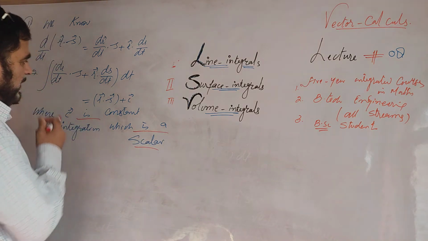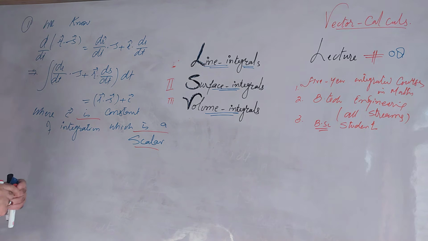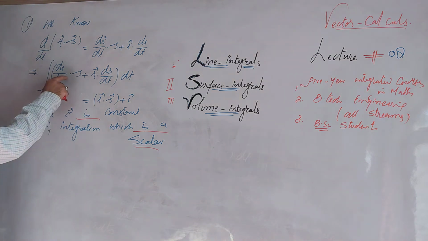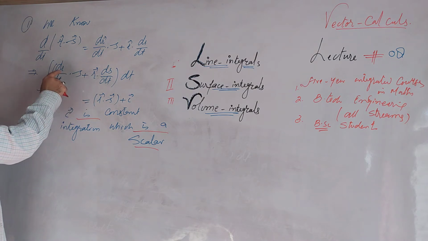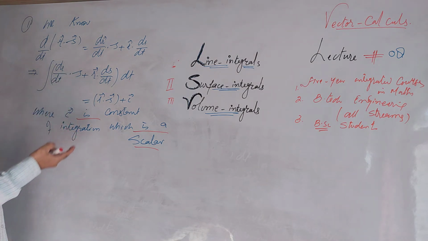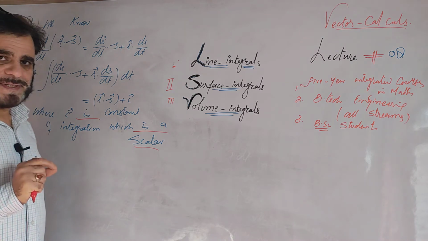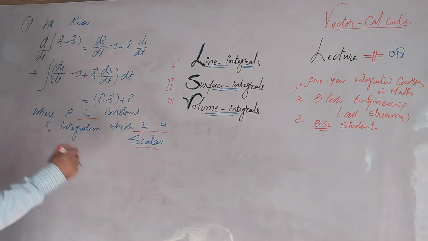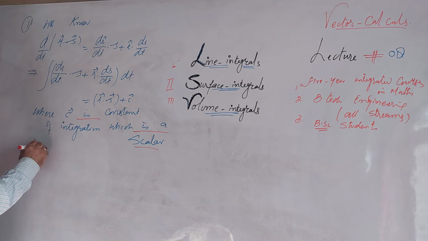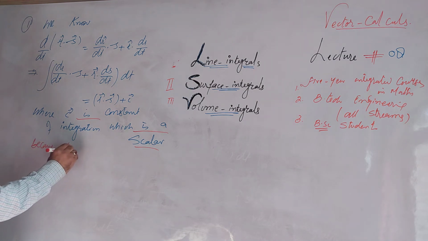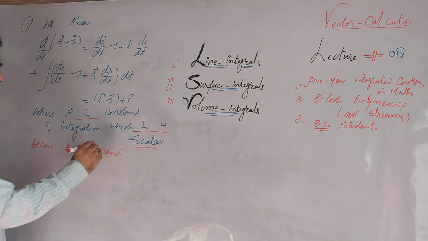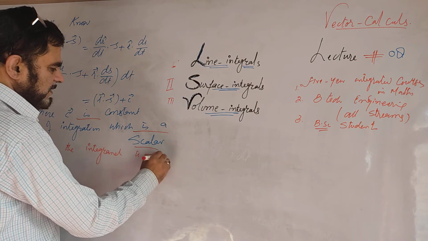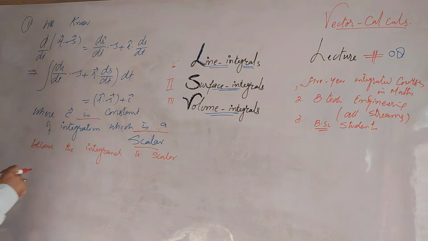Why is it scalar? Because your dot product is always a scalar. This is vector dot vector, so it is a scalar. So when you add the constant of integration here, it is also a scalar. The reason is, because the integrand is scalar, therefore your constant of integration is also a scalar.